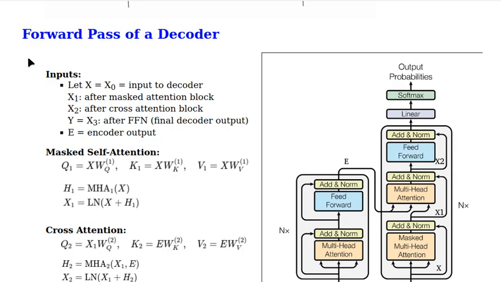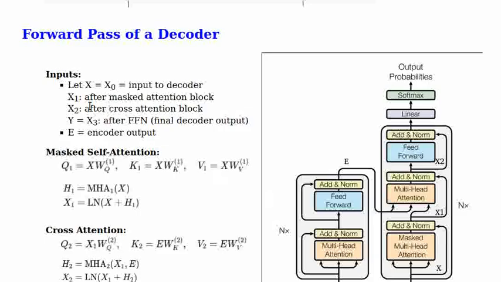Let's have a brief review of the forward pass of a decoder. We use index 1 to refer to the first multi-head attention block, and index 2 to refer to the second multi-head attention block. We use these notations. X is the input to the decoder, or to the first multi-head attention.